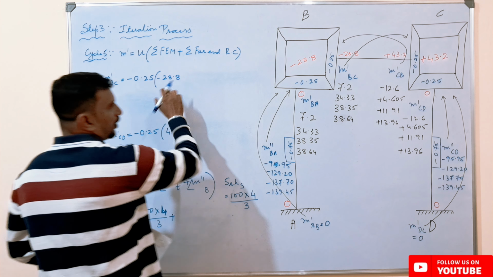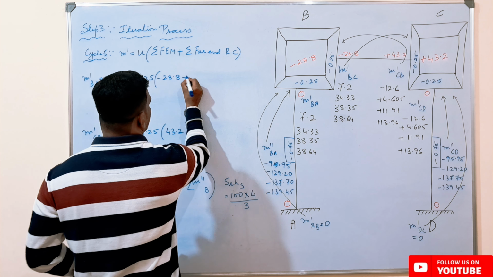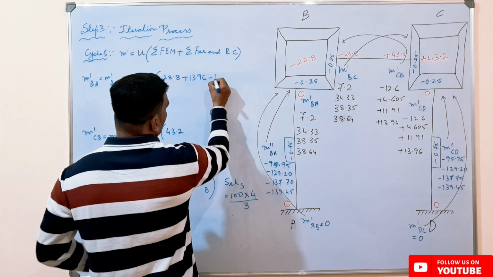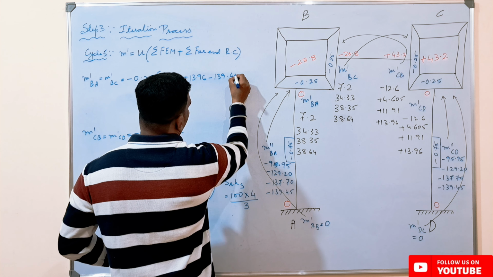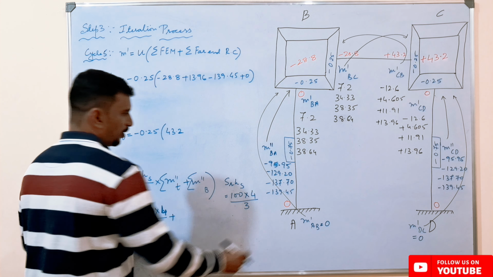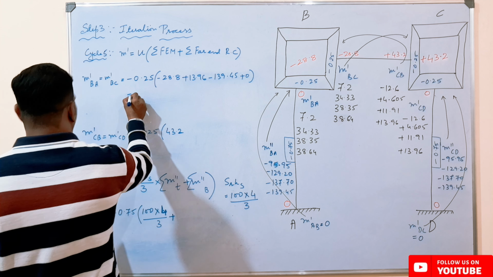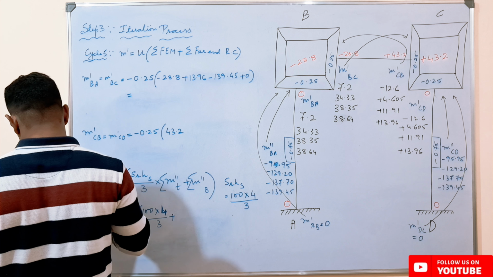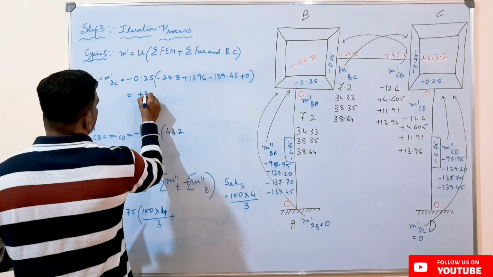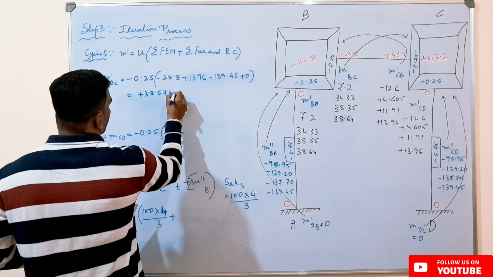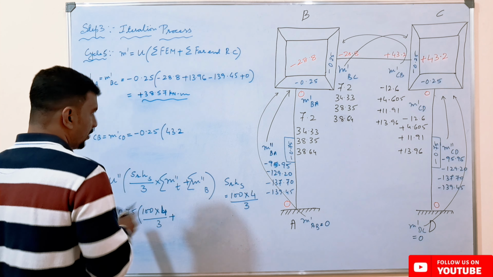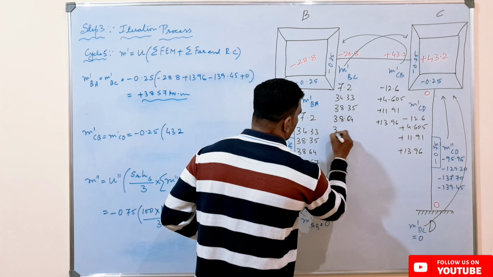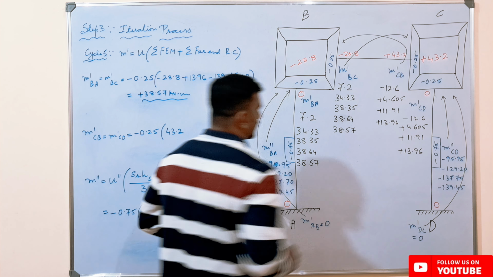so here we are having a new value over here, that is plus 13.96, and here a new value, that is minus 139.45 plus 0. About this point over here, we are having a value of 38.57 kilonewton meters. So this value will provide over here 38.57, here also 38.57.